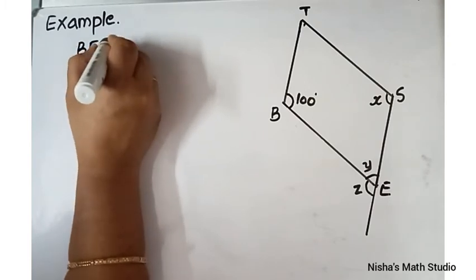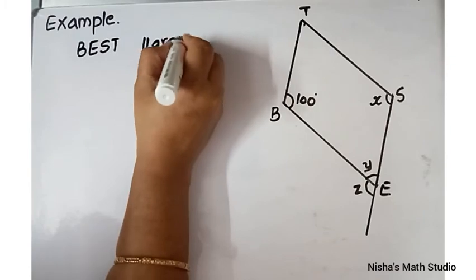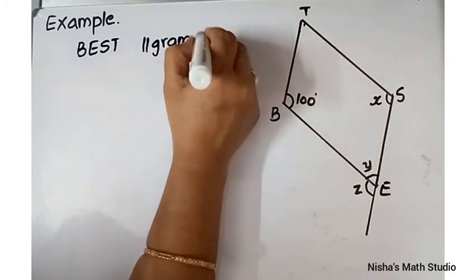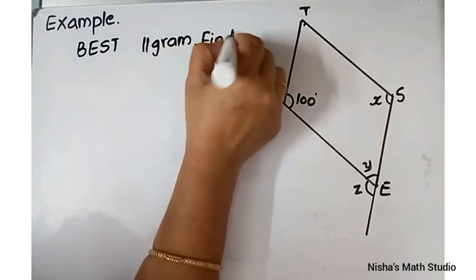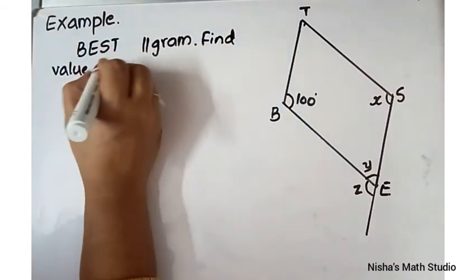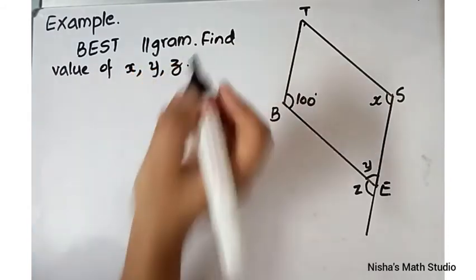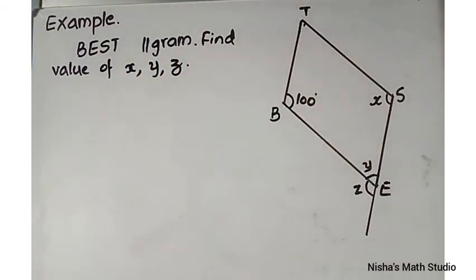BEST is a parallelogram. We have to find the values of X, Y and Z using the different properties of a parallelogram.